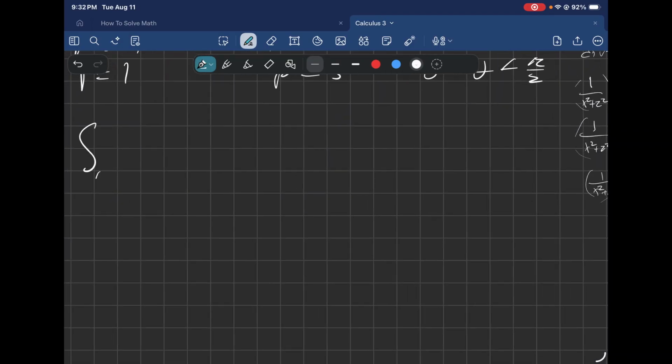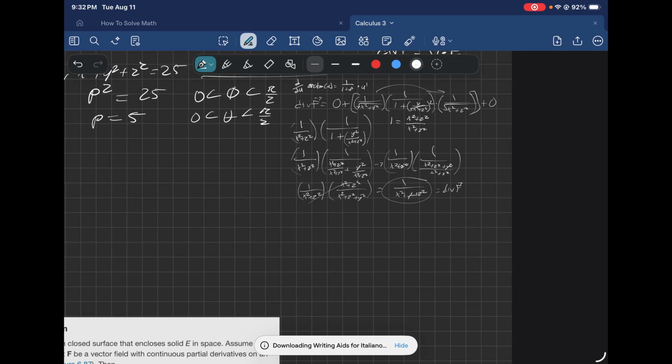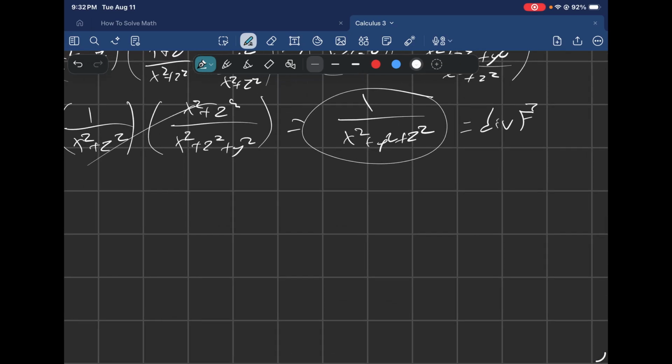So yeah, we have 0 to pi over 2, from 0 to pi over 2, of 1 to 5, and I forgot to do one thing. This right here, we can change into 1 over rho squared, because again, this is just x squared plus y squared plus z squared, which is rho squared. And let's not forget about our Jacobian.